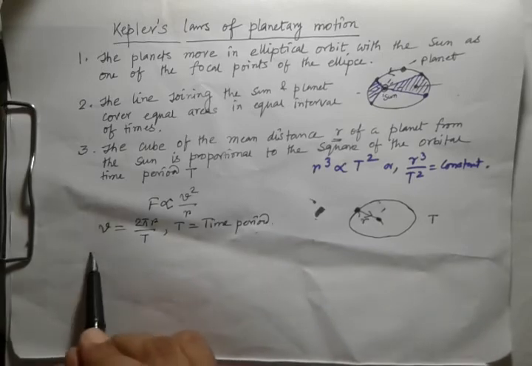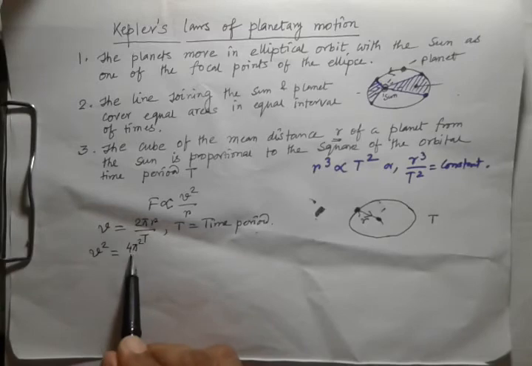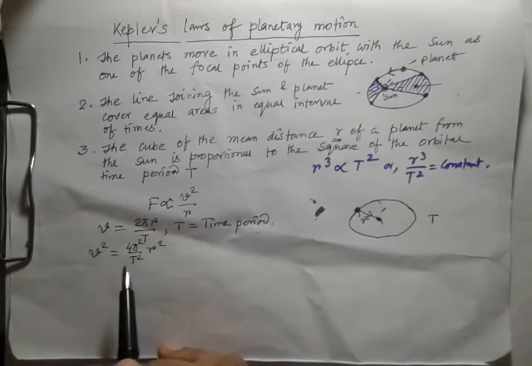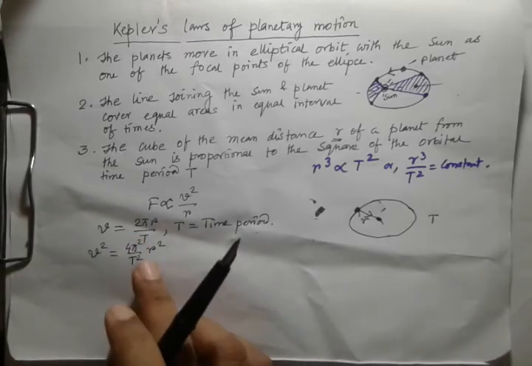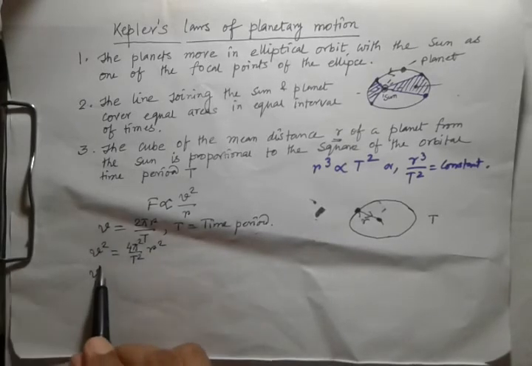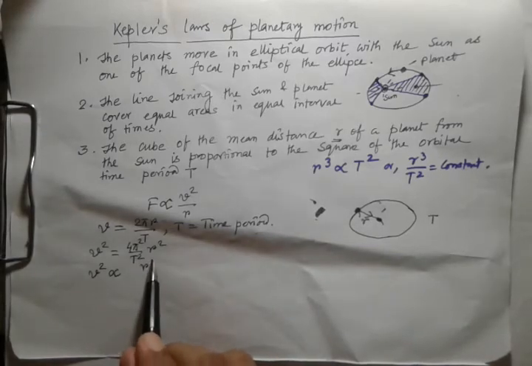Now squaring both sides, v square is equal to 4 pi square r square by t square. Since 4 pi square is constant, v square is directly proportional to r square by t square.